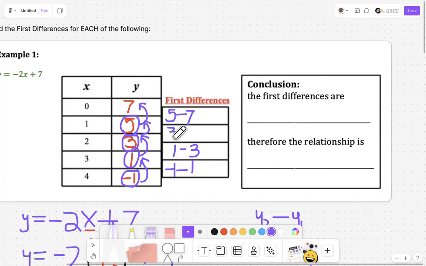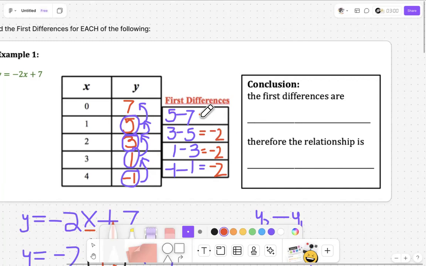And when we actually perform these operations, well, negative 1 minus 1 is going to give me a value of negative 2. 1 minus 3 is also a value of negative 2. 3 minus 5 also gives me a value of negative 2.